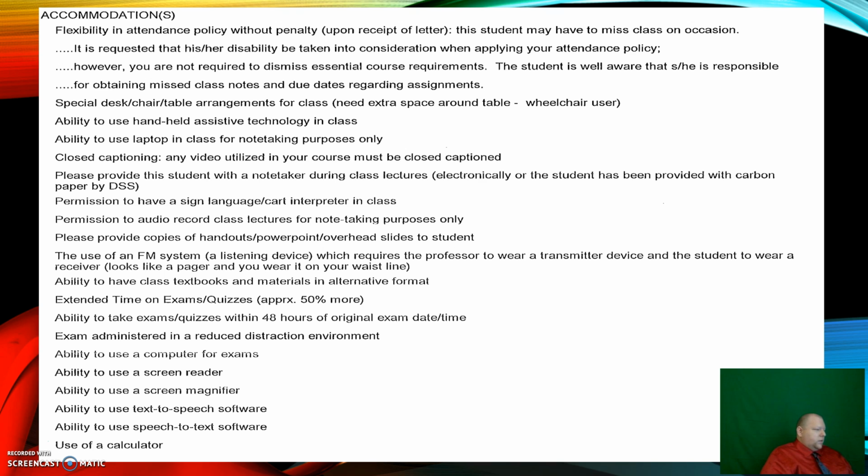And then, of course, the use of assistive technology and your computer for note taking or alternate note taking methods, and to have class textbooks and materials in an alternate format.